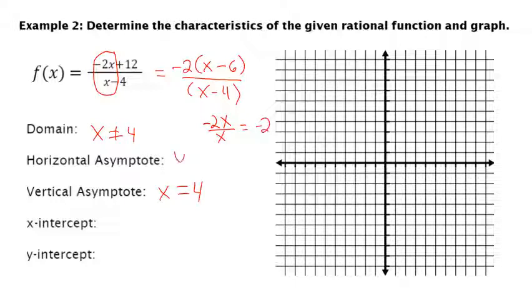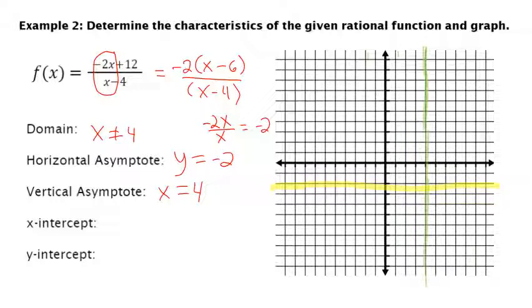So our horizontal asymptote is negative 2 because it's 1-to-1. We can go ahead and sketch that first if we like. So we have 1, 2, 3, 4 for our vertical. And then our horizontal actually has one at negative 2, so that's down here.